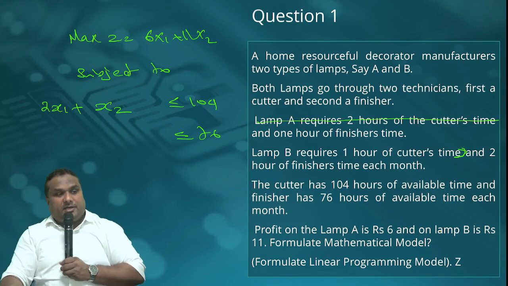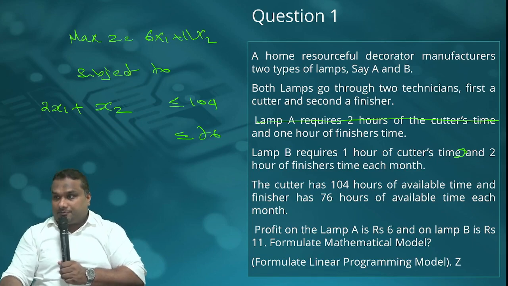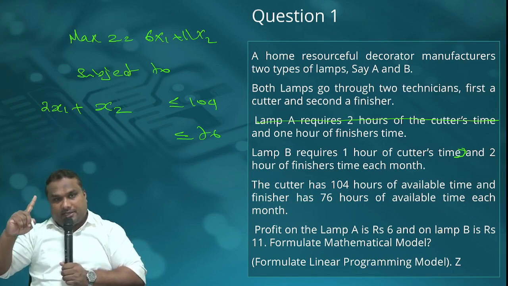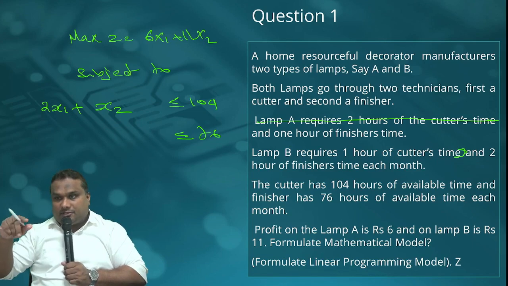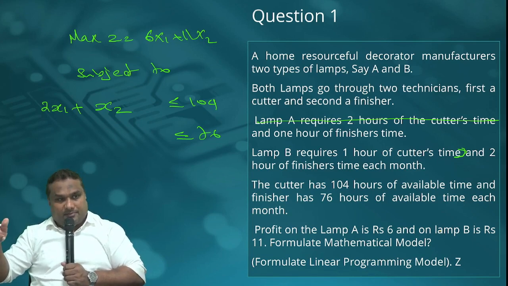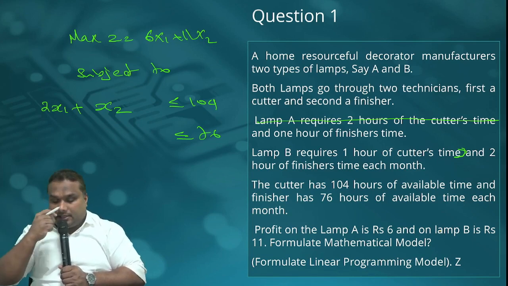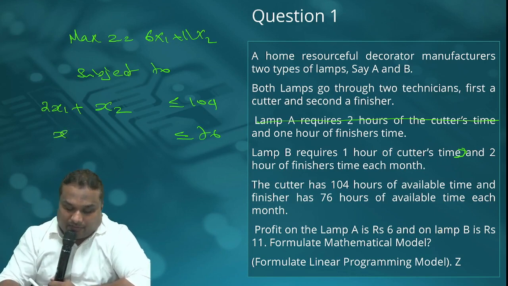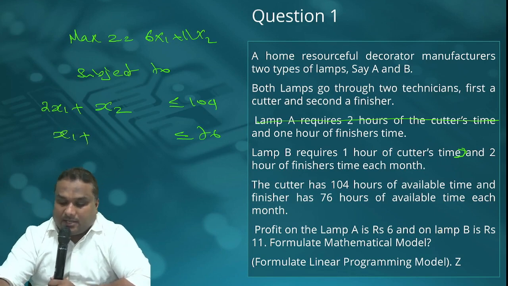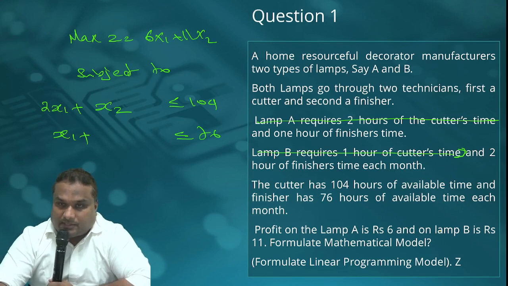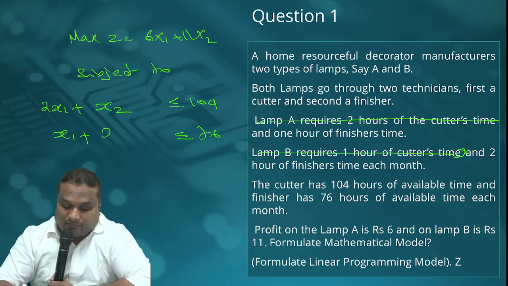Are we speaking about cutter now? No. 1 hour of finisher's time means x1, 2 hours of finisher's time means 2x1, 3 hours means 3x1. So 1 hour of finisher's time is x1. Lamb B requires 1 hour of cutter's time and 2 hours of finisher's time.